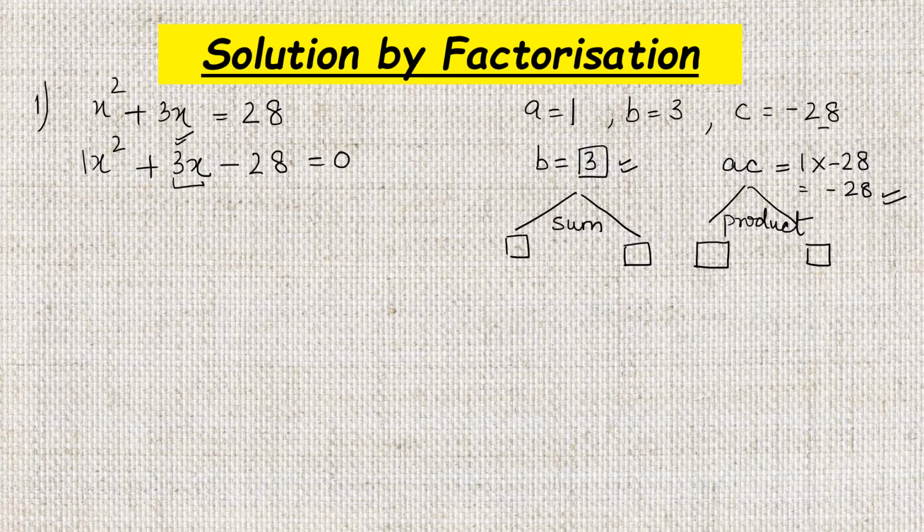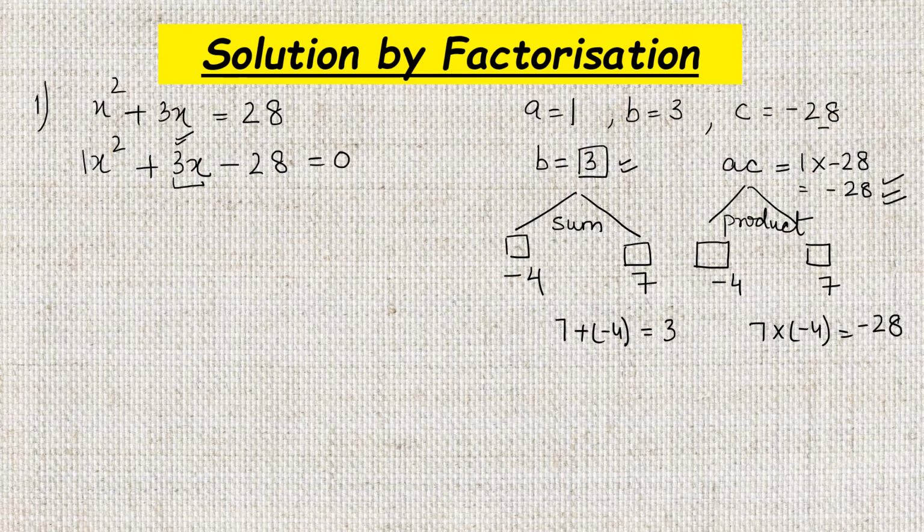Now how to find those two terms? That you have to see by trial and error. 28, 7 4s are 28, and 7 and 4, when we do something with these numbers, we can get 3 as well. So one of my number can be minus 4 and the other is 7. Why? Because when we add 7 and minus 4, I get 3, and when I multiply 7 and minus 4, my answer is minus 28, which I want.